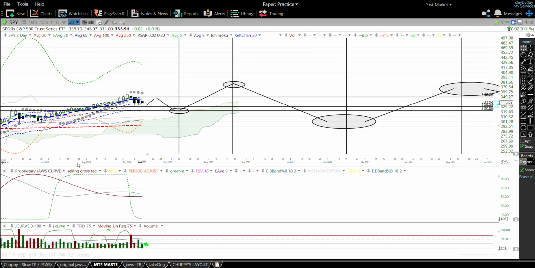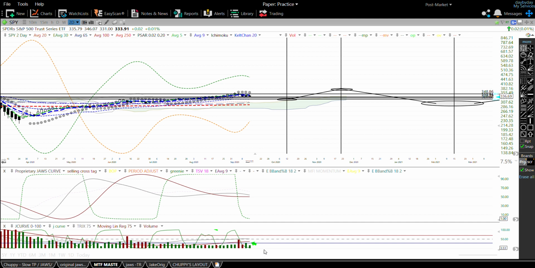Once I go down to the 2-day and daily, I already see the sell pressure forming.